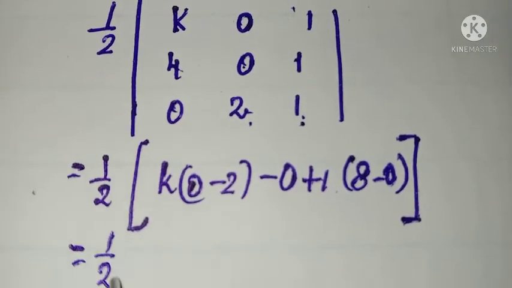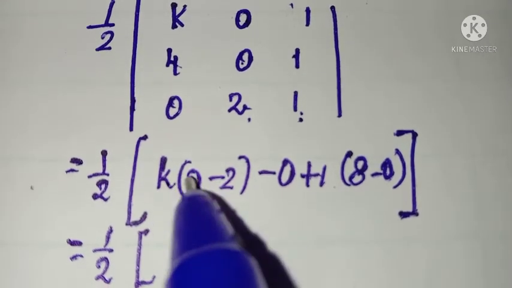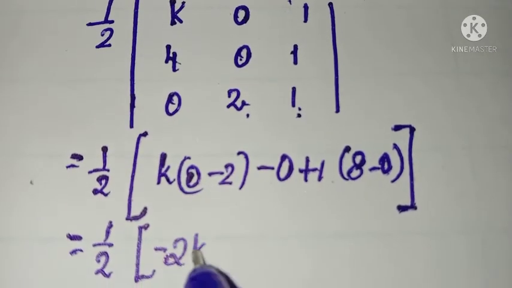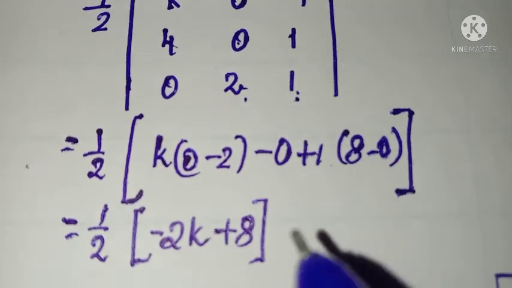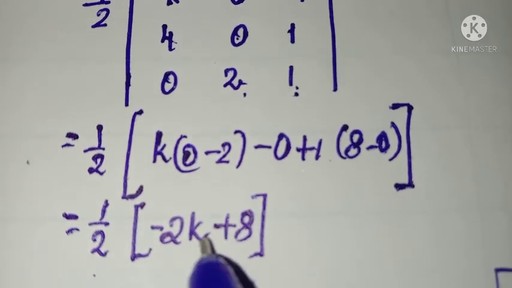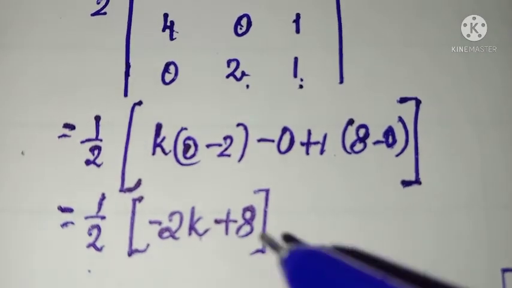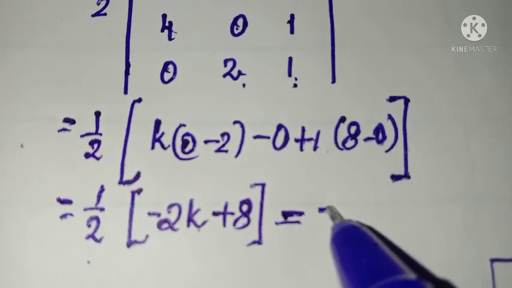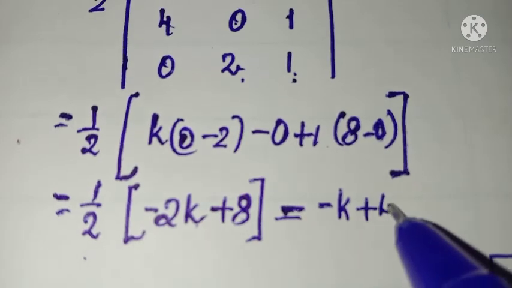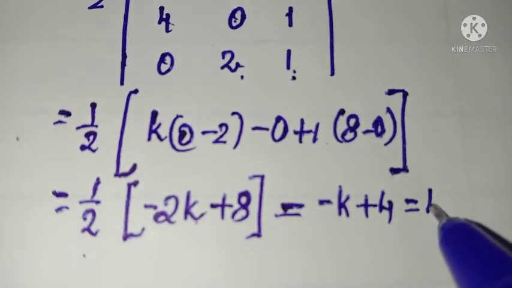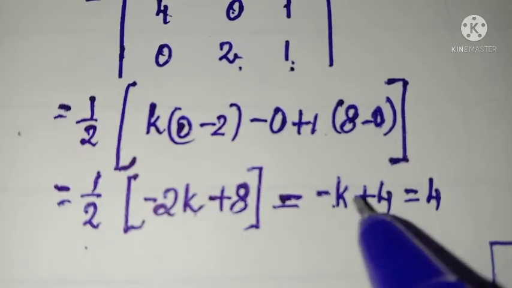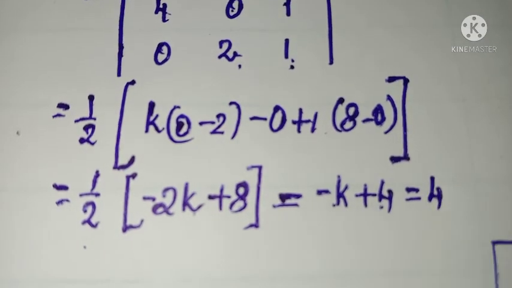So this is equal to half into k into minus 2, minus 2k, plus 1 into 8. So 1 by 2 into (minus 2k plus 8), or this is minus k plus 4. And the area is given, it is equal to 4. So minus k plus 4 equal to 4.